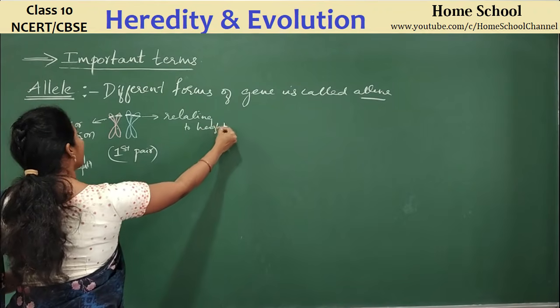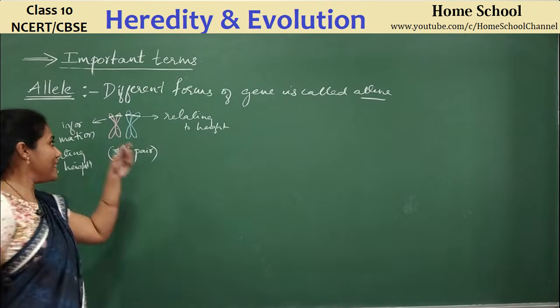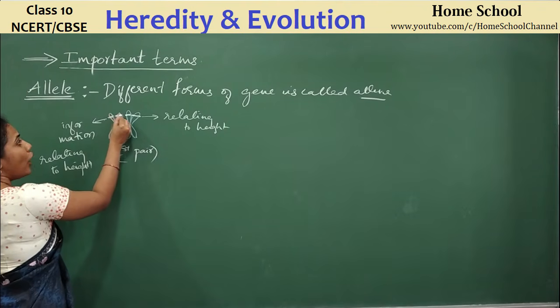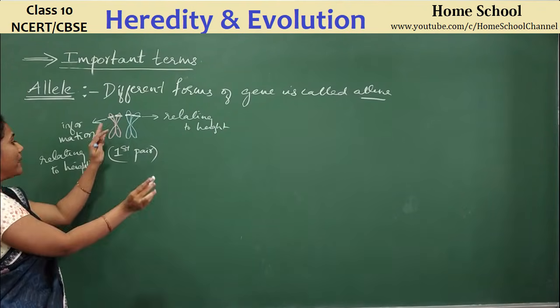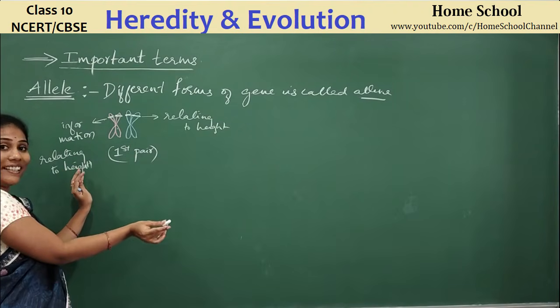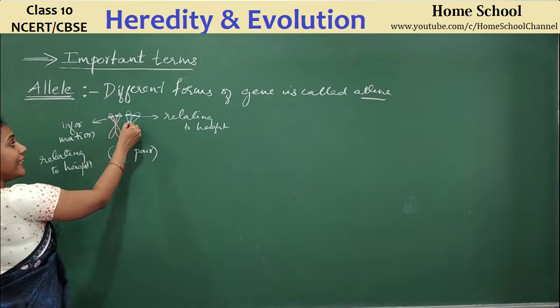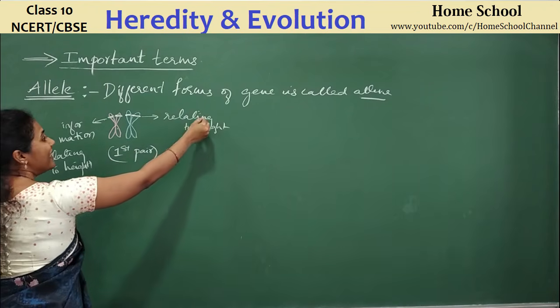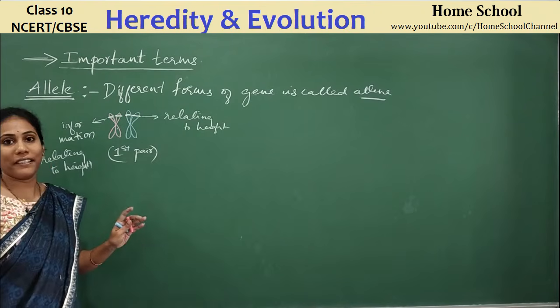You see guys, it is there in the same places, yes or no? Say in this chromosome, this part of the DNA has information relating to the character called height. In the next chromosome also, in the same pair, this part of the area is having information relating to height.